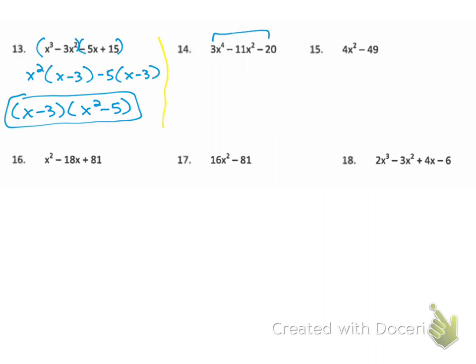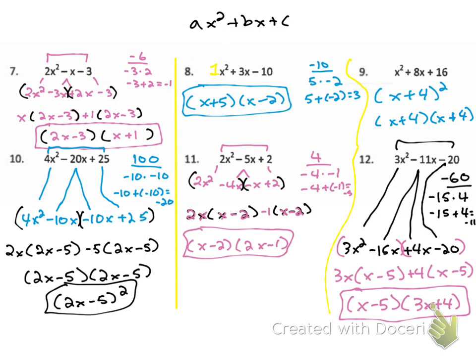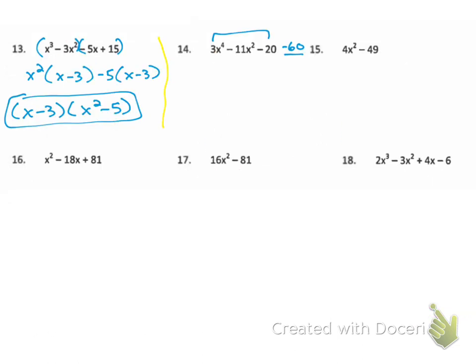AC method gives me negative 60. I need 2 factors of negative 60. Wait, is this the same problem? 3x. It is. This is the same problem. So the only difference here is, watch at the end.